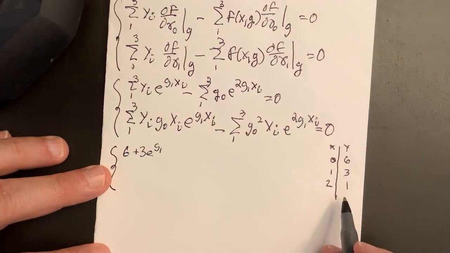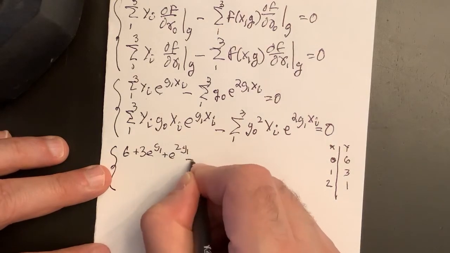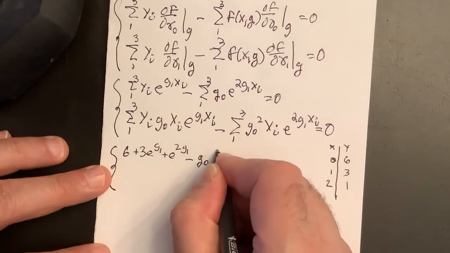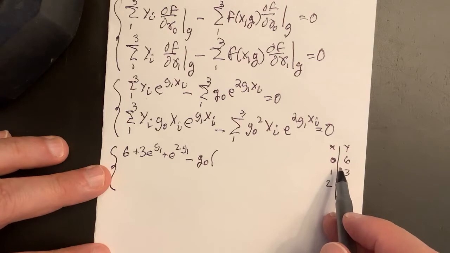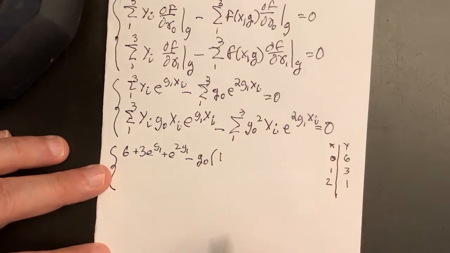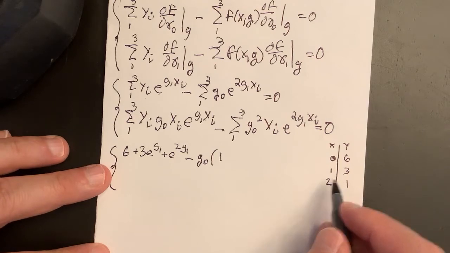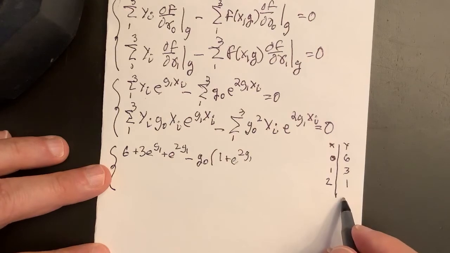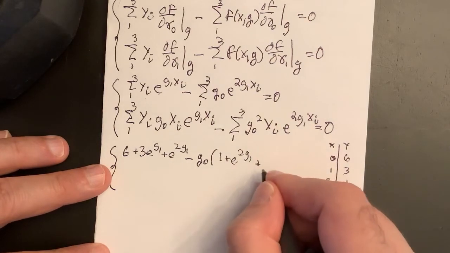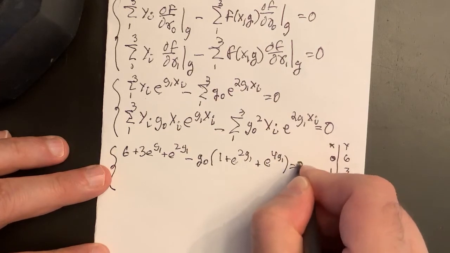My next one, I have plus 1 e to the 2g1. Minus, let's take the g0 out front: when I put x0 in, I have 1. When I put x1 in, I have plus e to the 2g1. When I put x2 in, I have plus e to the 4g1, equals 0.